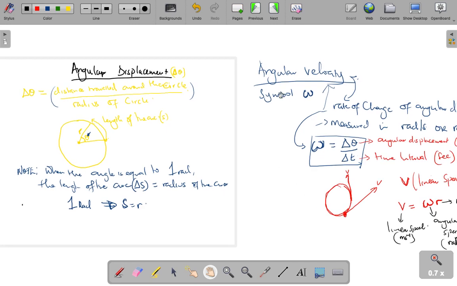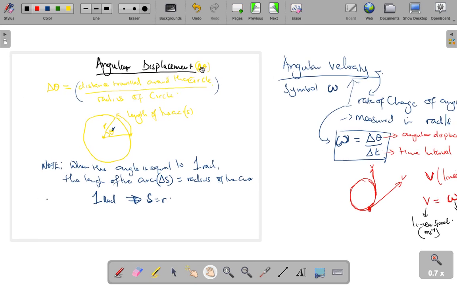So we talked about angular displacement, that is change theta. We said that if the angle that is subtended to the center by the arc of the circular path is 1 rad, then the length of the arc is equal to the radius of the circular path.